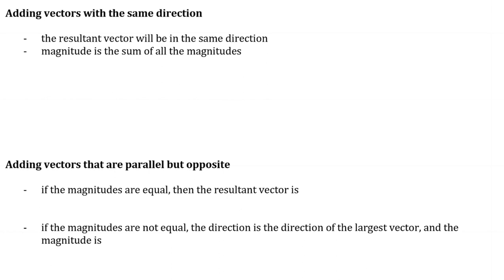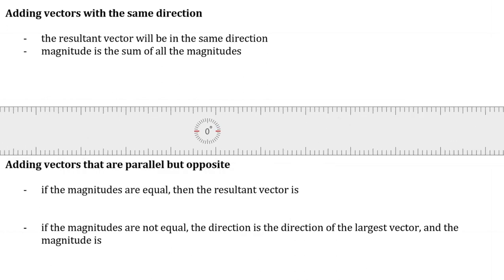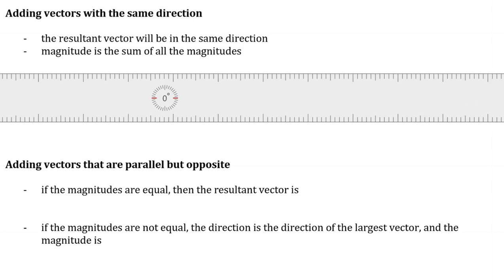So if I add 2 vectors that are in the same direction, then the resultant vector will be in the same direction as both original vectors, and the magnitude of the resultant vector will just be equal to the sum of the magnitudes of the 2 original vectors.